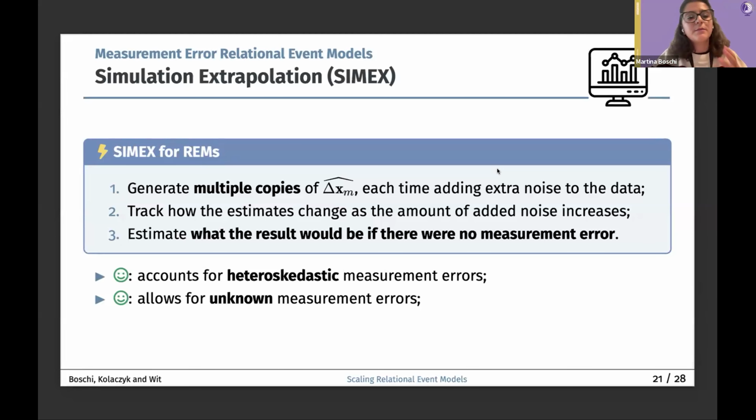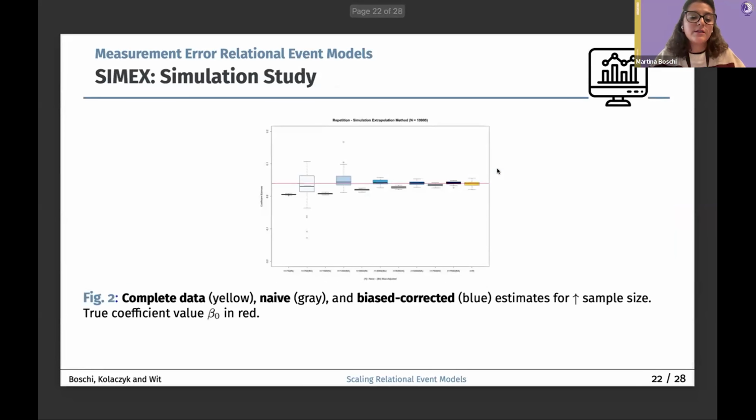This is very nice because in some formulations it also allows, by means of bootstrap, to obtain this result without the exact knowledge of the measurement error variance. And we see here that at the price of a larger variance, we are able to find unbiased estimates also for a very small proportion of the event history.